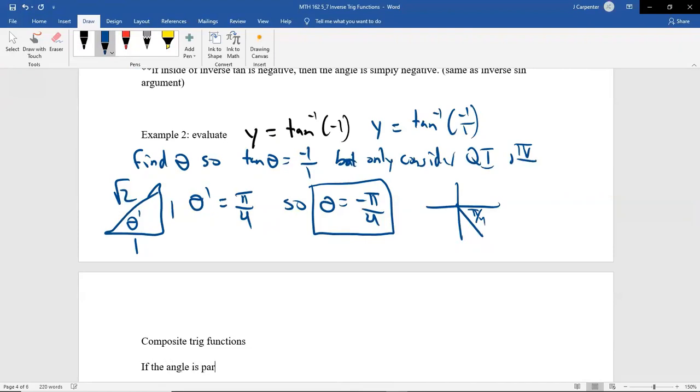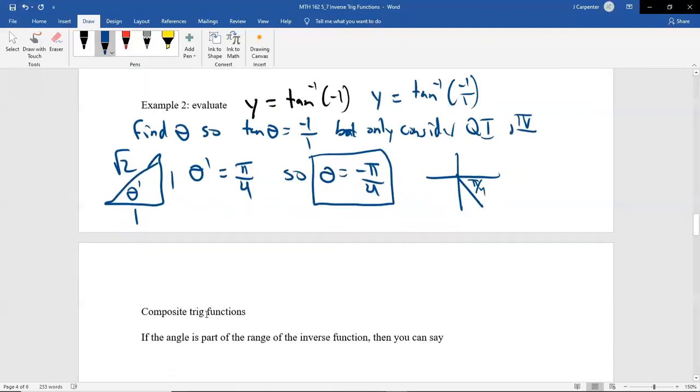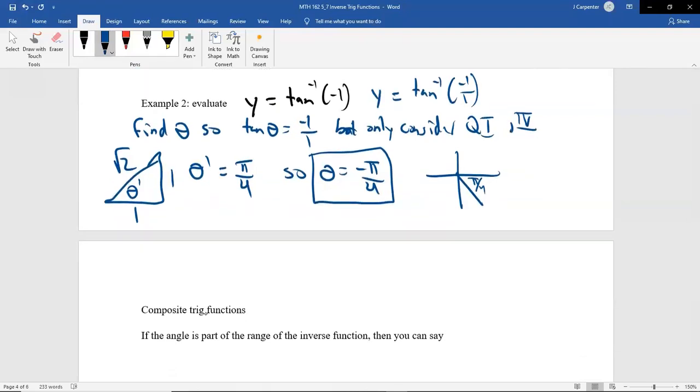If the angle is part of the range of the inverse function, then you can say that the inverse sine of a regular sine of an angle is equal to the angle.